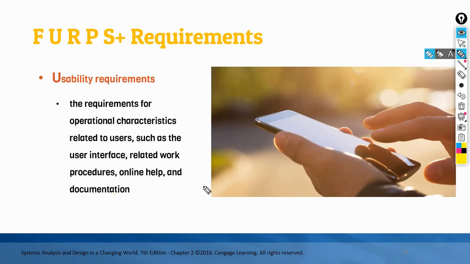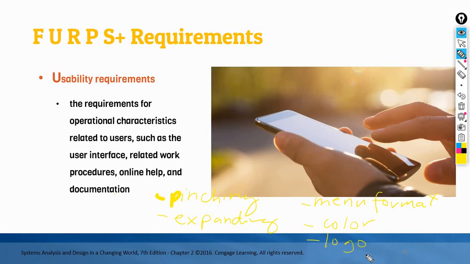With smartphones, they use gestures such as two finger slides, and also pinching and expanding. Additional requirements might include menu format, color schemes, use of the organization's logo, and multi-language support. That's all for usability requirements.